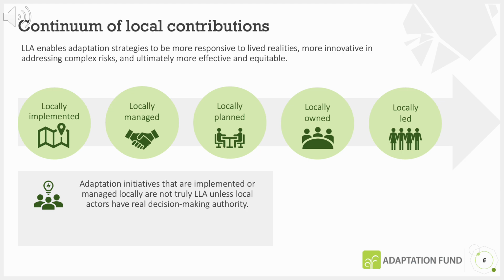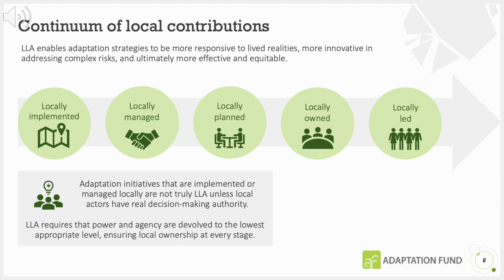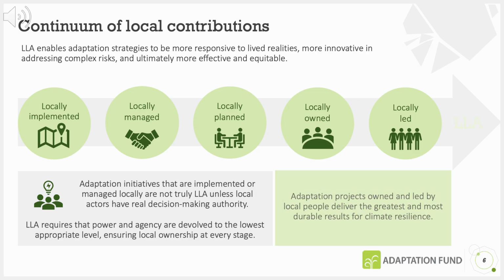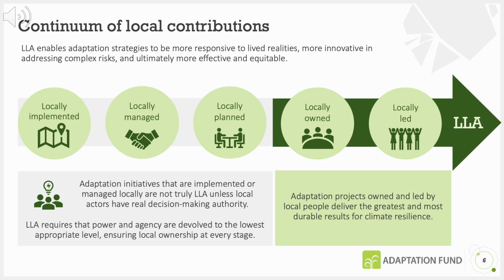As LLA requires that power and agency are devolved to the lowest appropriate level, ensuring local ownership at every stage. Adaptation projects owned and led by local people deliver the greatest and most durable results for climate resilience.